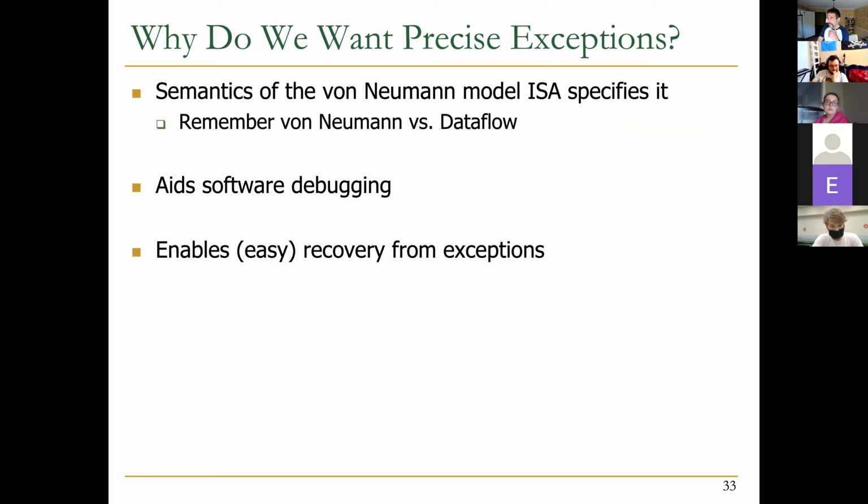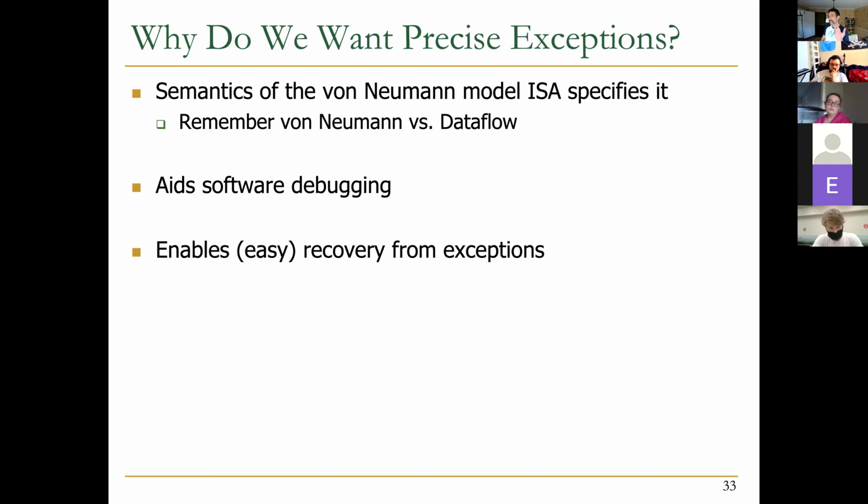If you change the architecture, say if you violate this property, this is a contract that is specified in the ISA of your chips, of your architecture.